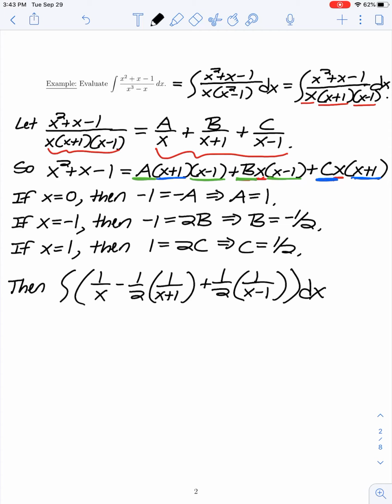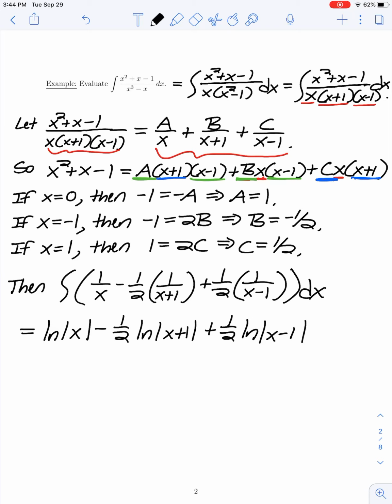And now each of these smaller pieces I know how to integrate. For 1 over x, we would have an antiderivative of log x. Then we have a minus 1/2 times the natural log of absolute value x plus 1, plus 1/2 times the natural log of absolute value x minus 1.